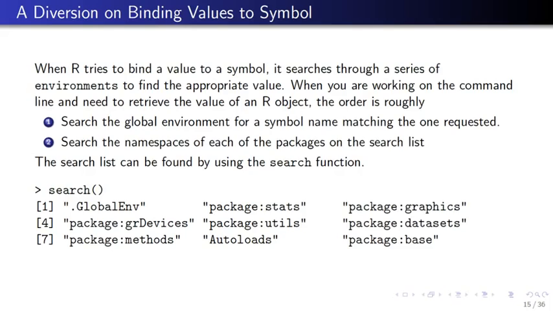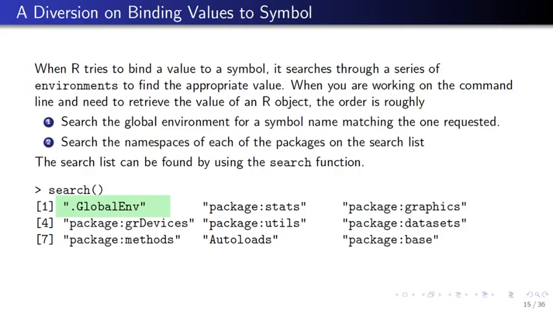If there's no match in the global environment, then R will search the namespaces of each of the packages on the search list. The search list consists of all the R packages that are currently loaded into R. There's an order to the search list, and it starts at the first element, which is the global environment. That's always number 1 on the search list.